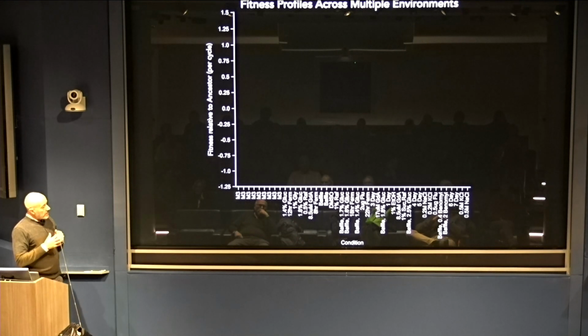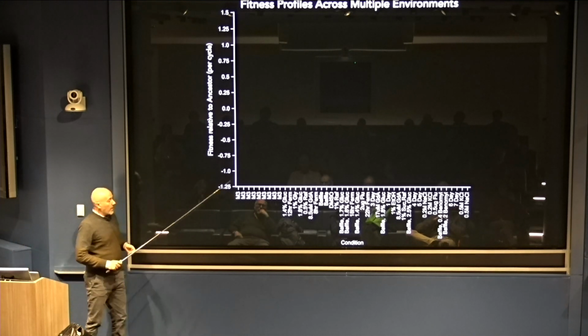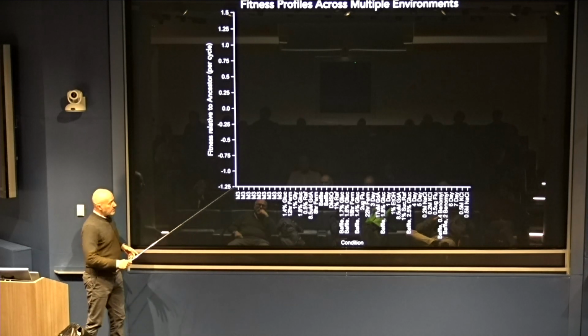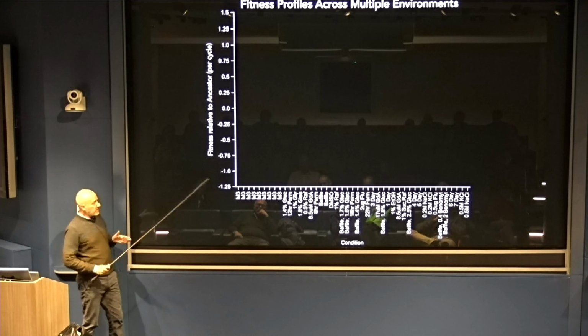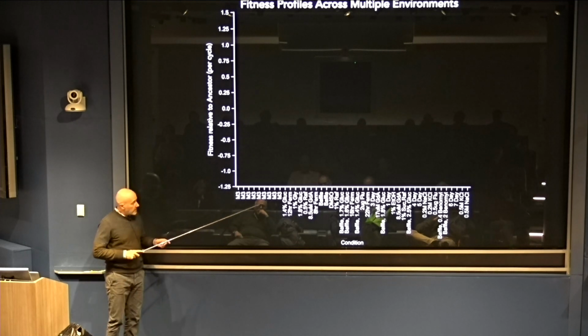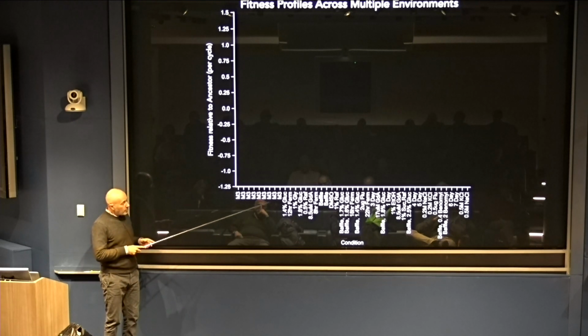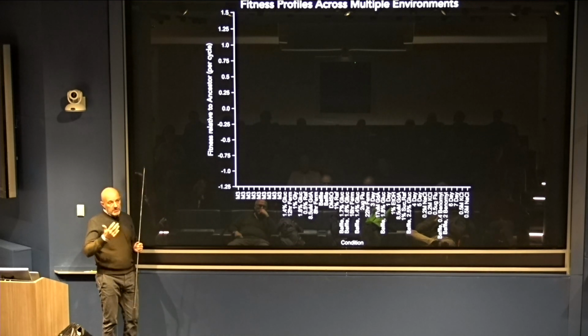What I'm showing you are the fitnesses of some of the key mutants, arranged on this axis, where the first ones are their measurements in different batches in the condition we evolved them in. So this is kind of where we started. The conditions are ranked in order of how much they induce differences in fitness across the mutants.